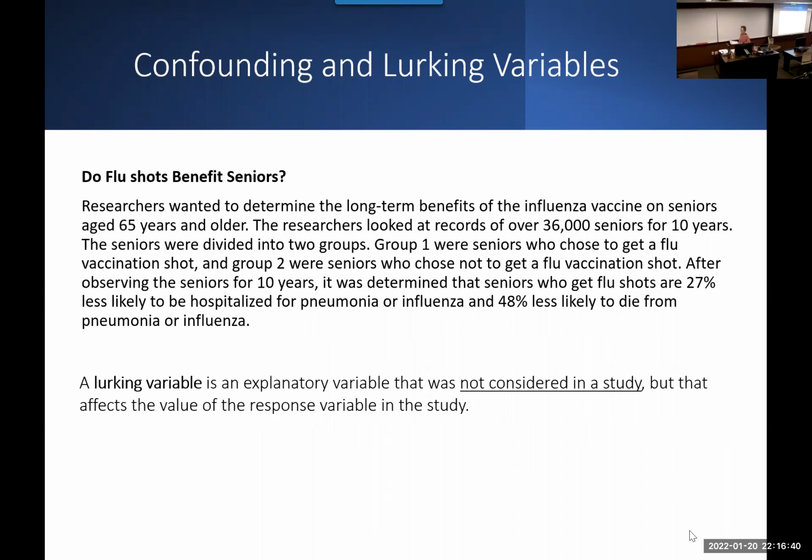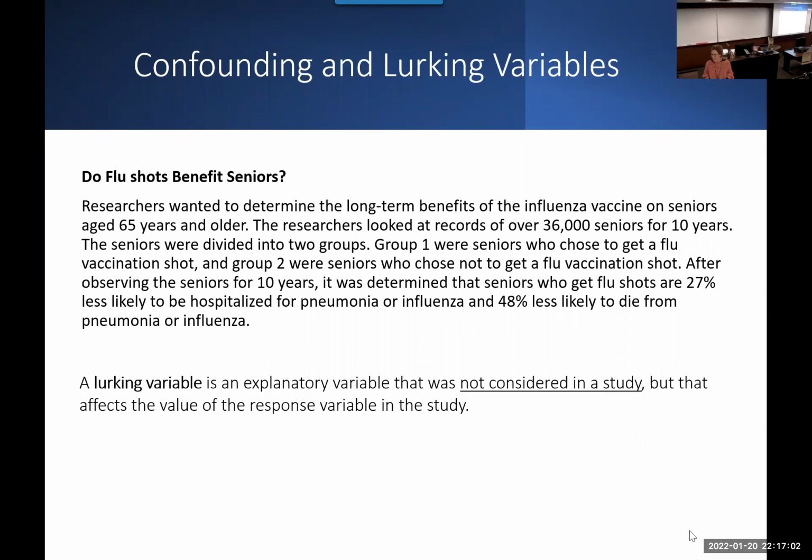A lurking variable is something that is not considered in the study, right? So you don't consider it in the study, but it affects the value of that response outcome. Okay, so you don't take it into account in the study, but it does have an impact on the study. That's what's considered a lurking variable.